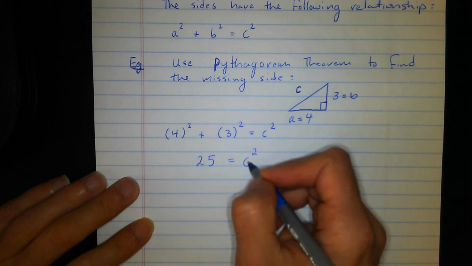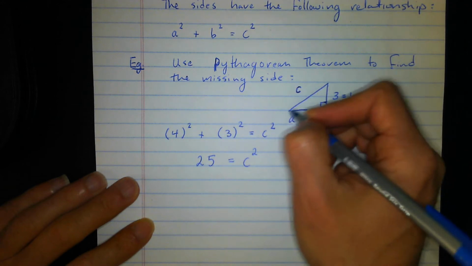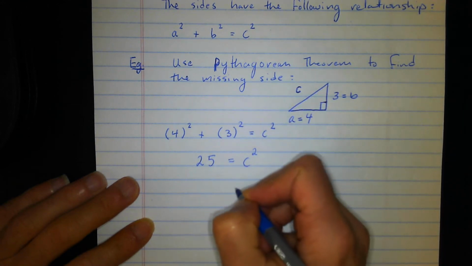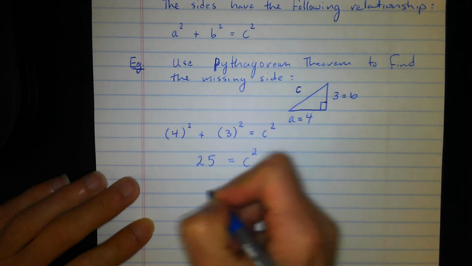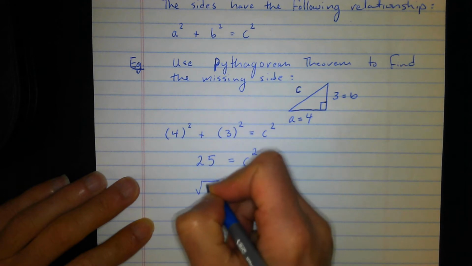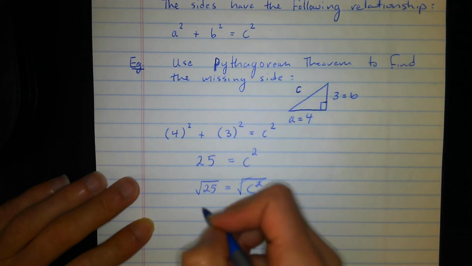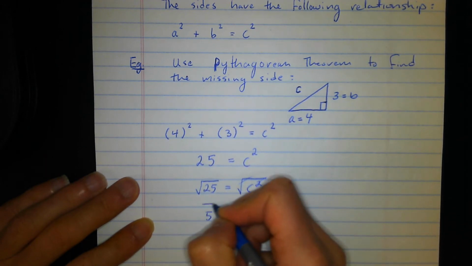I can see that minus 5 and 5 satisfy this equation, but in this case we're looking for a length, so it should be positive. So we're just going to say that if I take the square root of both sides, and I'm only looking for the positive result here, that and that cancel, and we're just left with C equals 5.